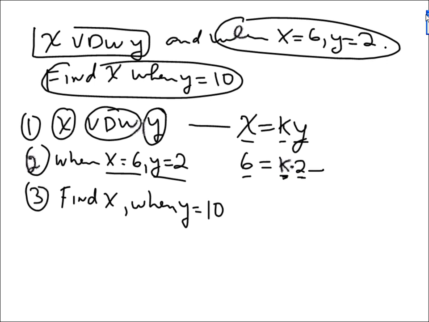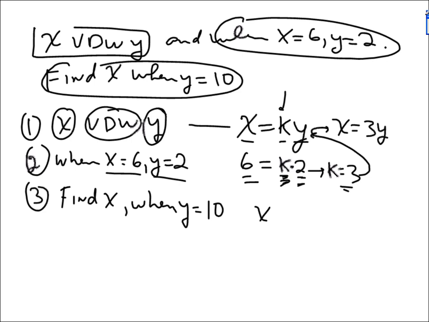What number times 2 equals 6? 3. So k is 3. I plug it in to the equation up there, instead of k I plug in 3, and I get x is 3 times y. So now we know x is 3y.